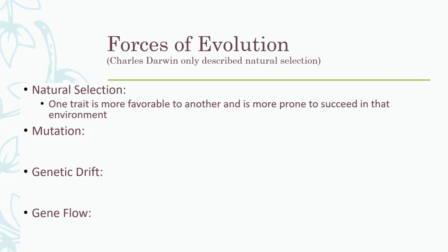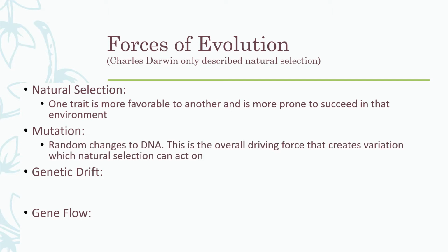Something that has a trait that allows it to succeed is seen as more fit than another organism that has a trait that isn't helpful in allowing that organism to succeed and live to reproductive age. Then we've got mutations. Mutations are random changes to DNA. This is the overall driving force that creates variation, and that is what natural selection acts on. So a mutation happens, and because of that, natural selection can act on it and allow things that are more fit to move on and things that are less fit to be less likely to move on.